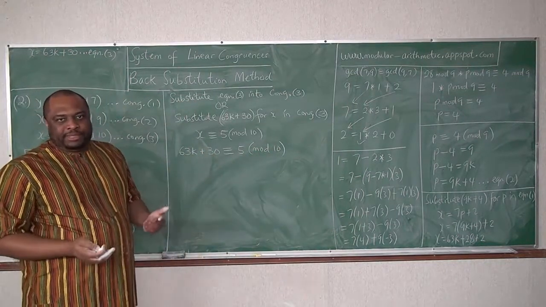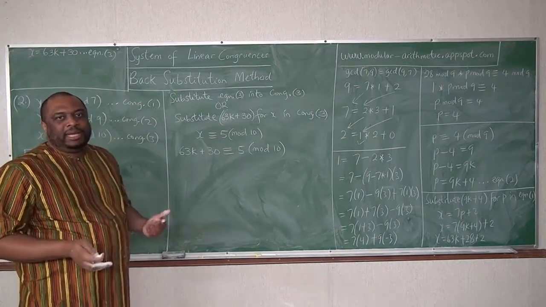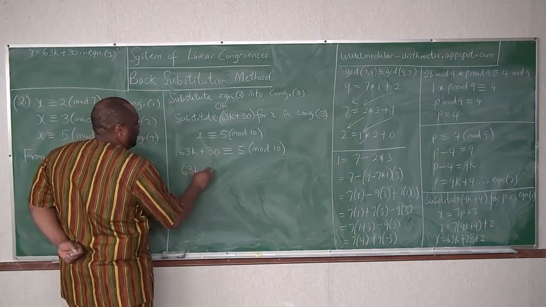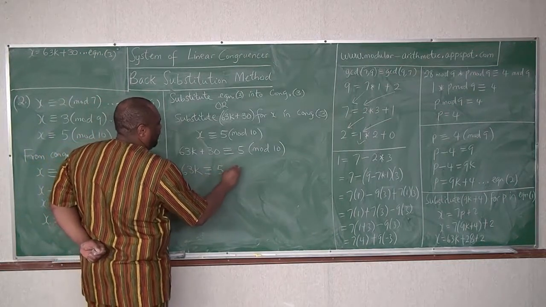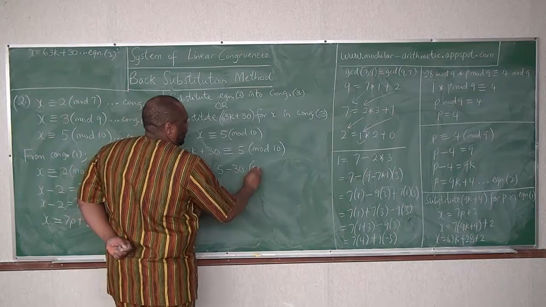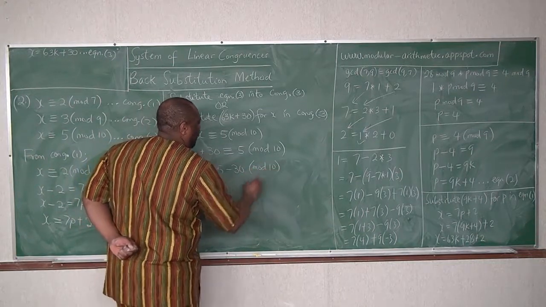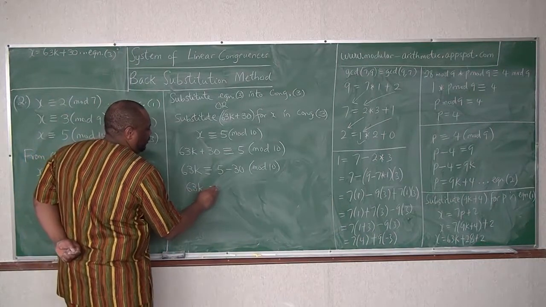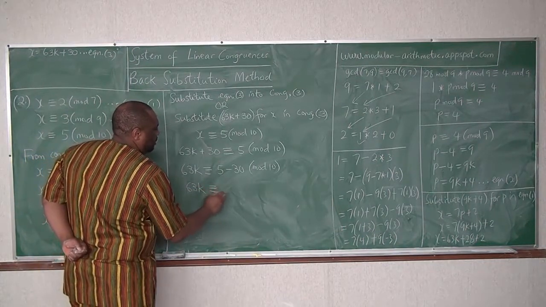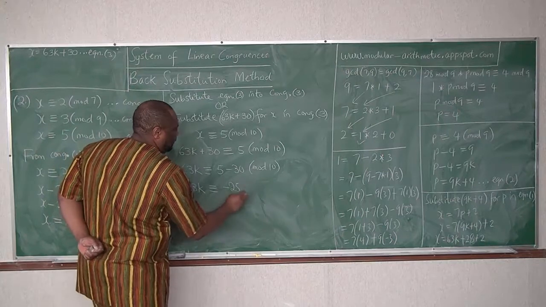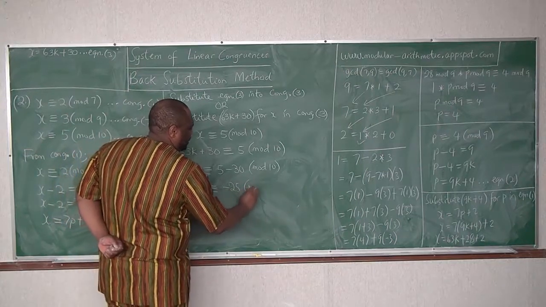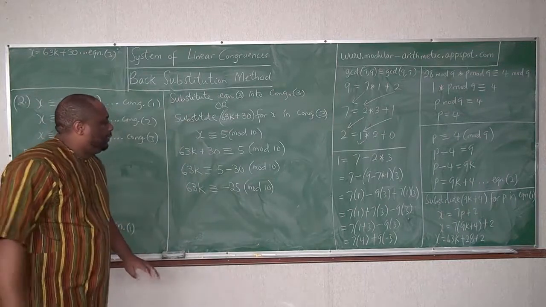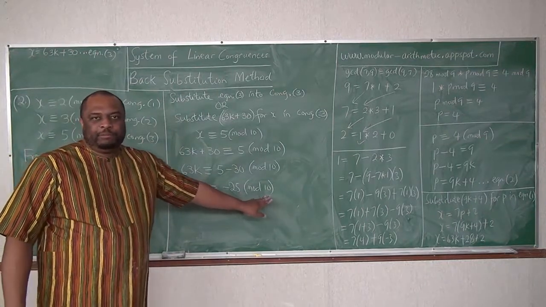Subtract 30 from both sides. So 63k is congruent to 5 minus 30 in mod 10. So 63k is congruent to negative 25 in mod 10. Please don't find negative 25 mod 10 right now.